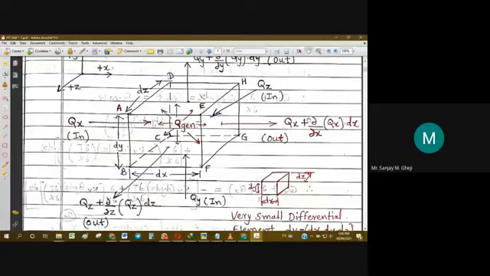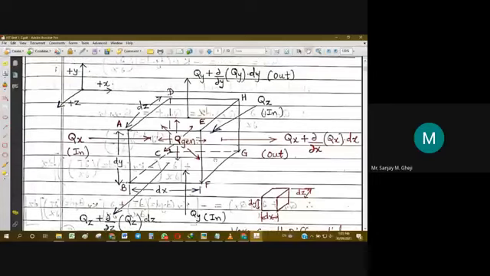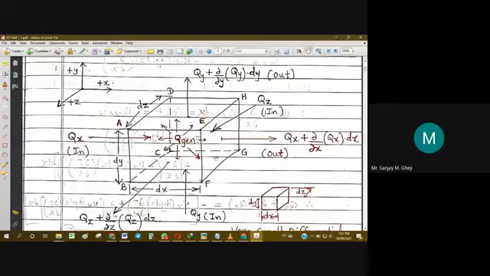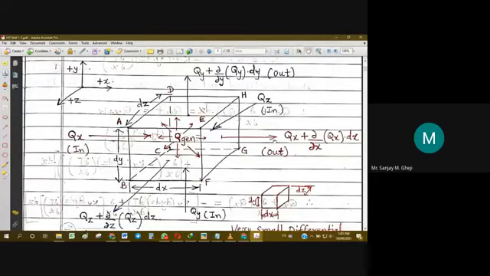Right now, as a general case, we are adding this value numerically. This value may be positive, may be negative, or it may even be zero. That all depends on what case we are considering and what conditions are given in a problem.